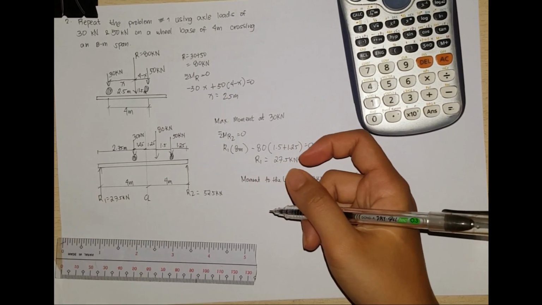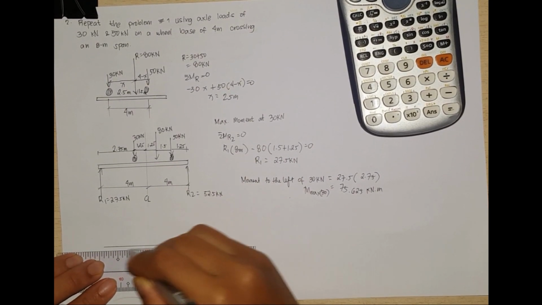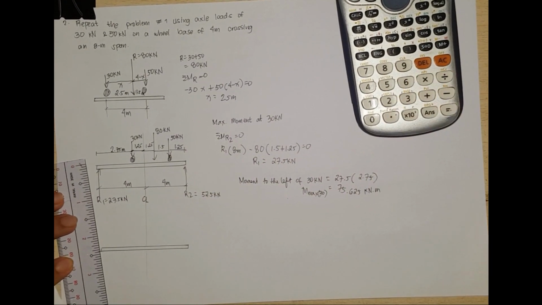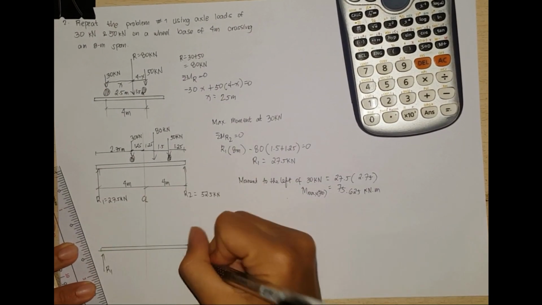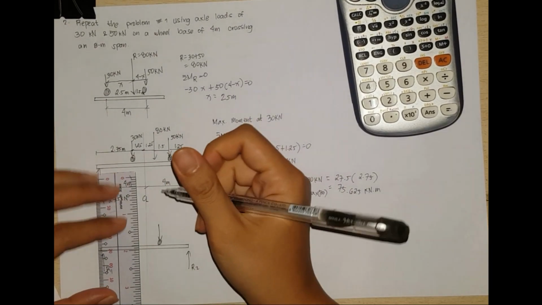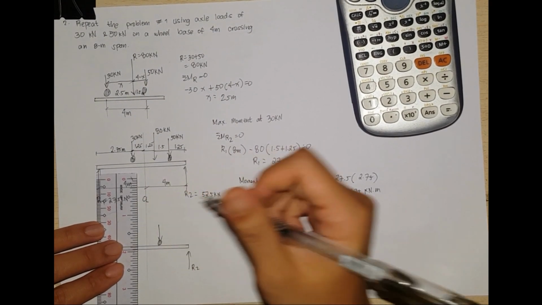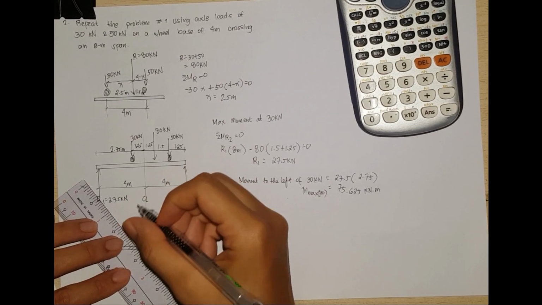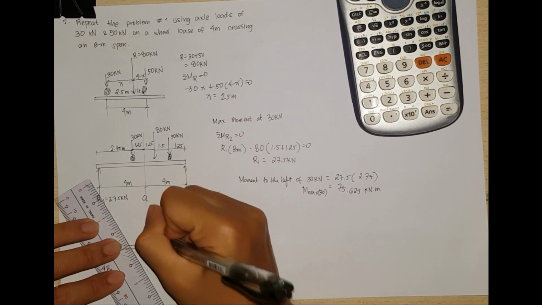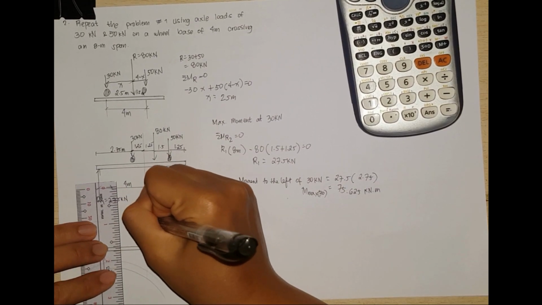And then, consider naman natin yung 50 kilonewton. So this is the 50 kilonewton and it is 1.5 meters. So 1.5 divided by 2, so we have 0.75, and 0.75. And then we have 0.75 resultant of 80 kilonewton.